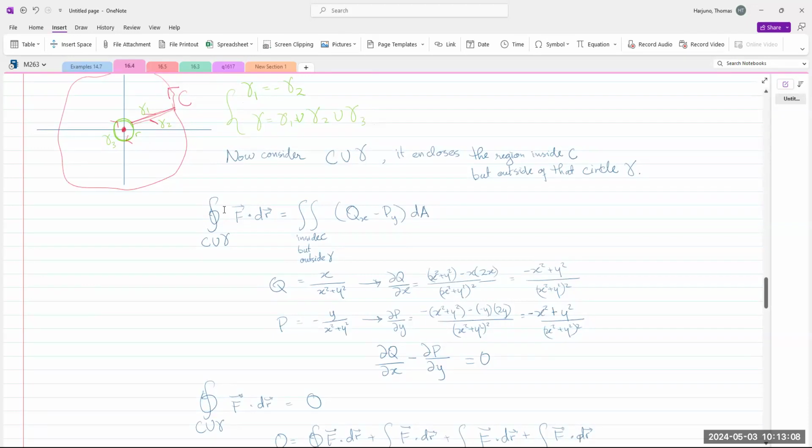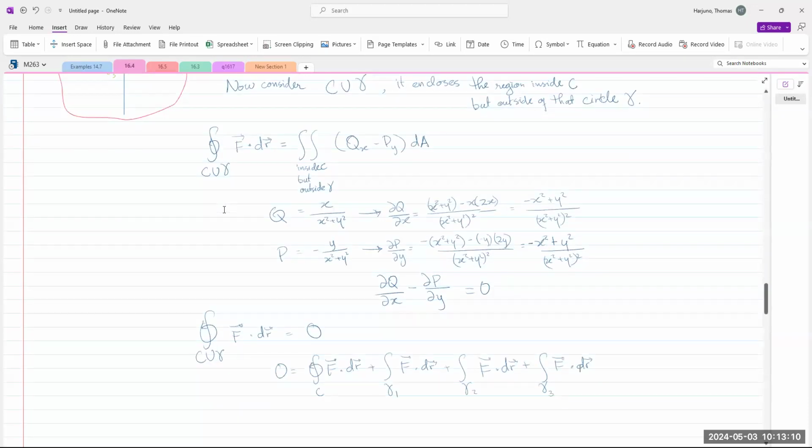Now notice that gamma 1 and gamma 2 are actually canceling each other, right? Because they are exactly the same path but opposite of each other.